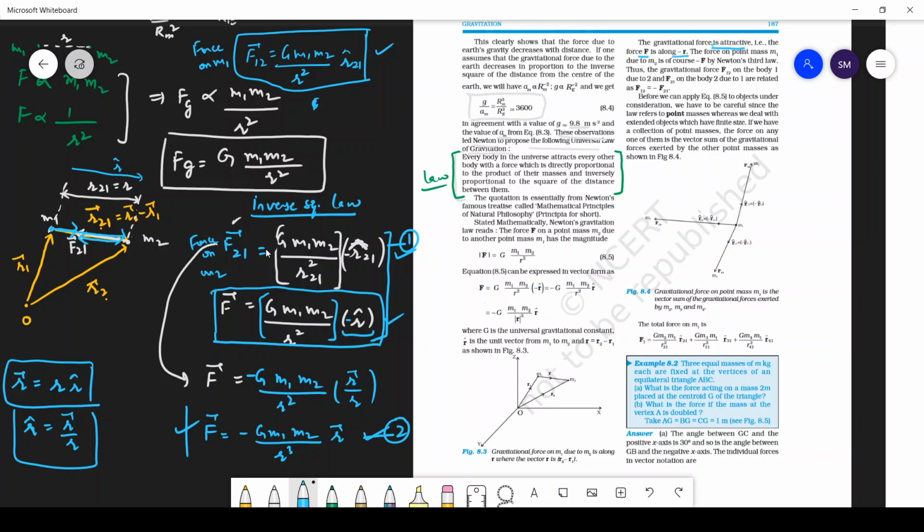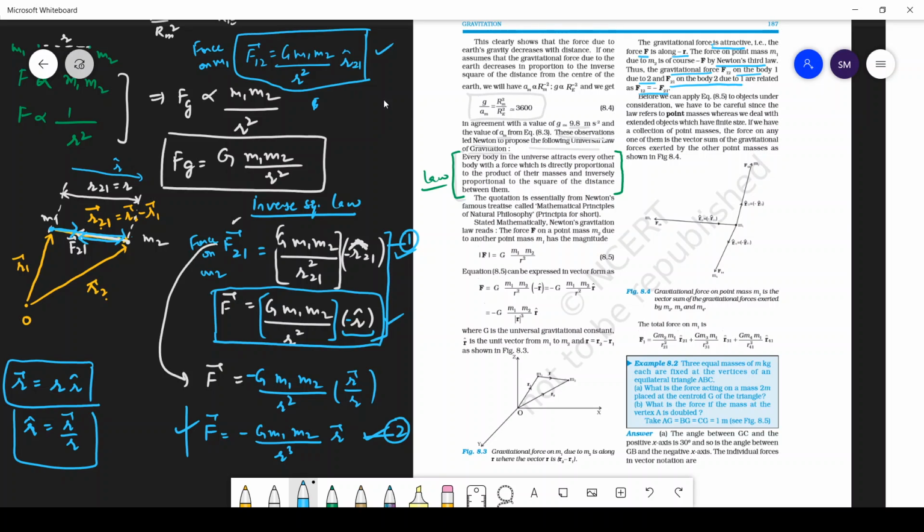Students, hope you are understanding this. Yes. So the force on mass 1 is this. By Newton's third law, the gravitational force F12 on the body due to 2 and F21 on body 2 due to 1 are related.